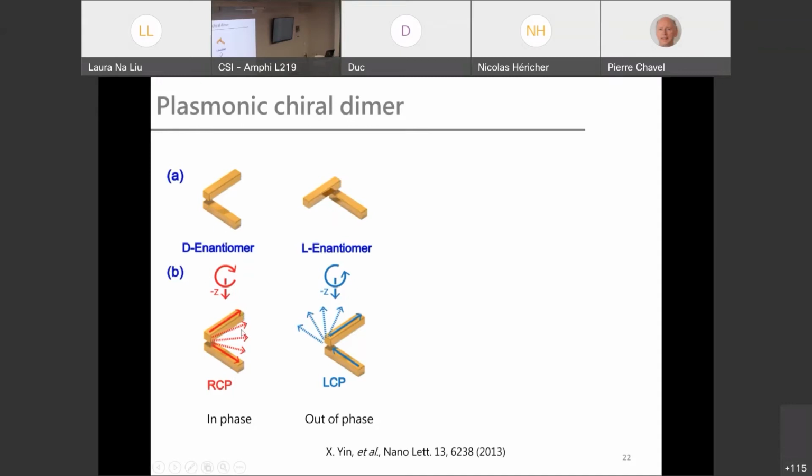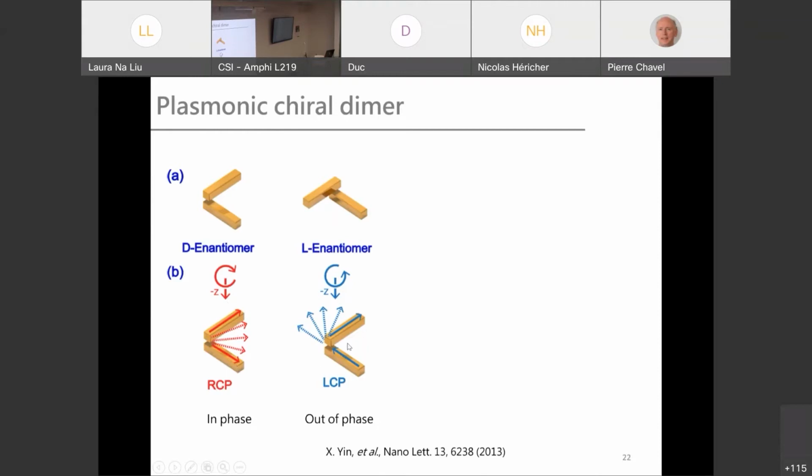So now I have only this right-handed structure, but I switch my light from right-handed circularly polarized to left-handed circularly polarized. If we start with RCP, the field vector of the incoming light on the two nanorods will be in phase. You see these two arrows which represent the two dipole directions.